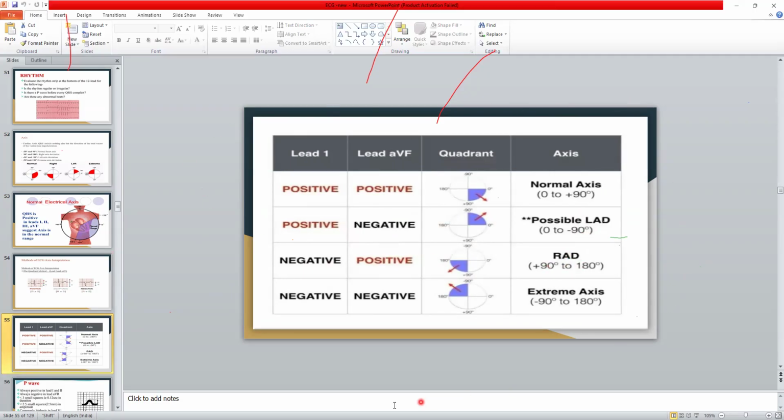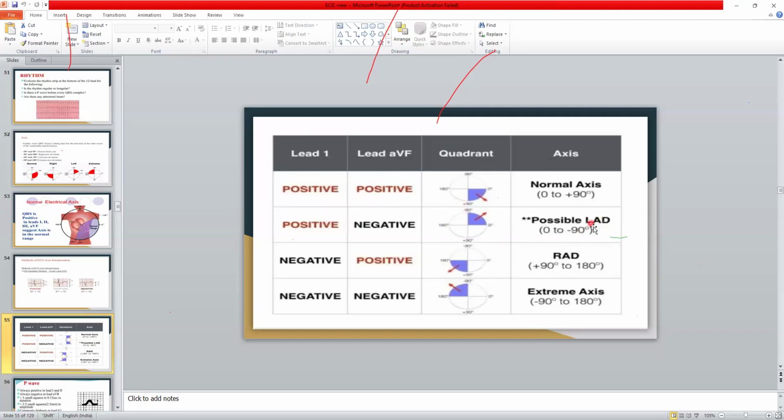Here is the quadrant method. In the normal axis, in lead 1 and in lead AVF, the R wave is larger than the S wave. So it is positive, positive, and it is between 0 to 90 or -30 to +90.